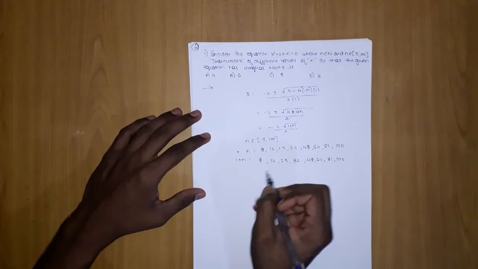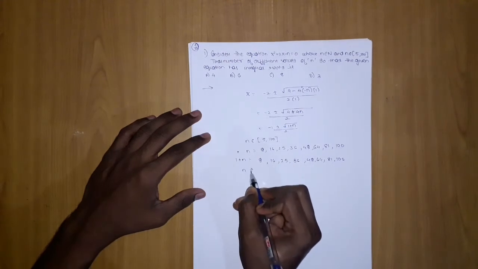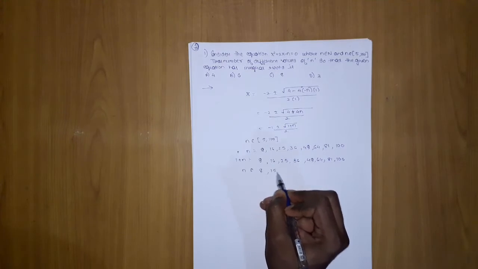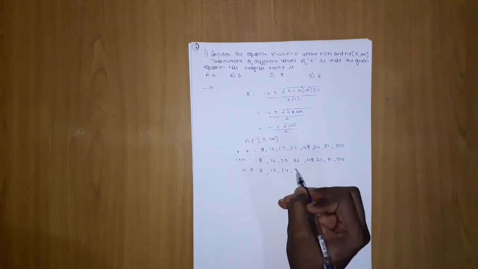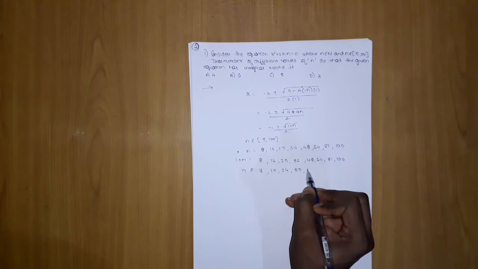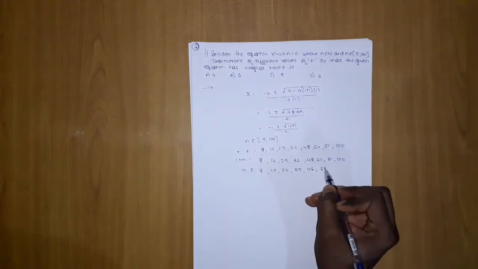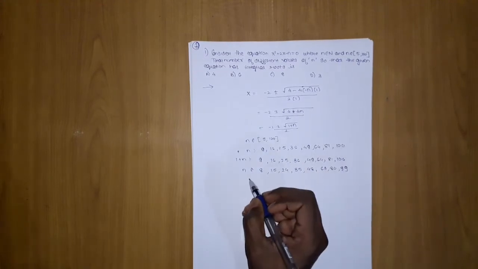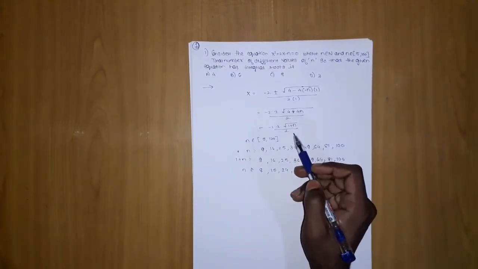So we will just move this 1 across, and the n values will become 8, 15, 24, 35, 48, 63, 80, 99. So if n takes these values, then 1 plus n will become a perfect square.